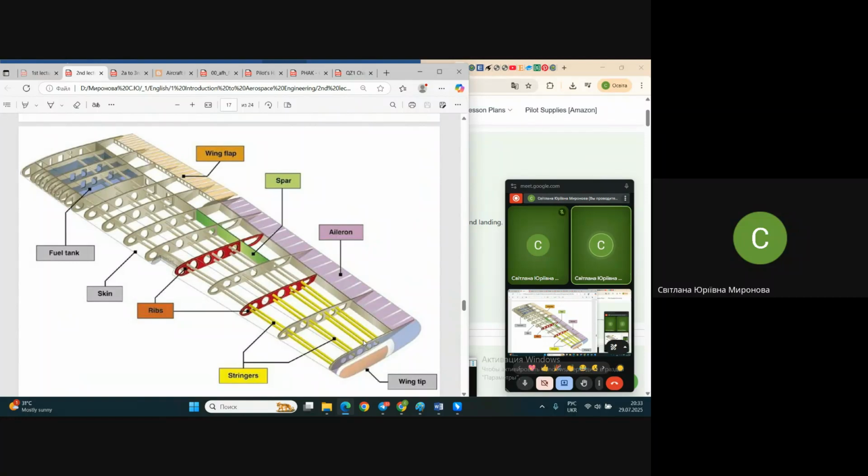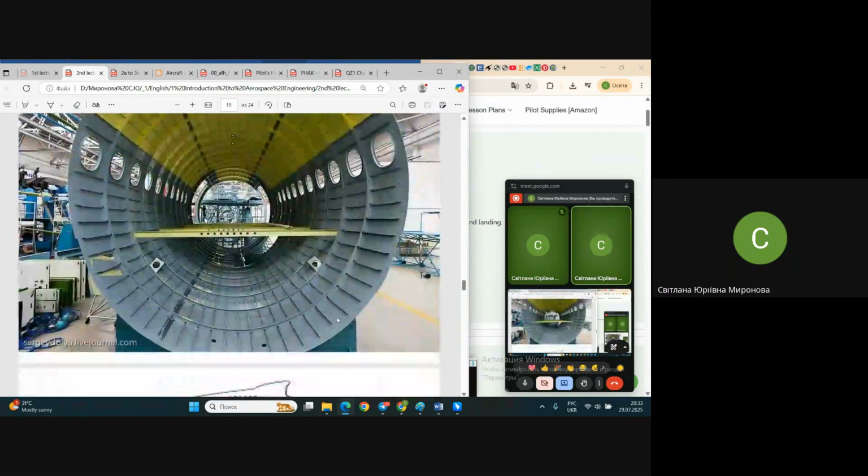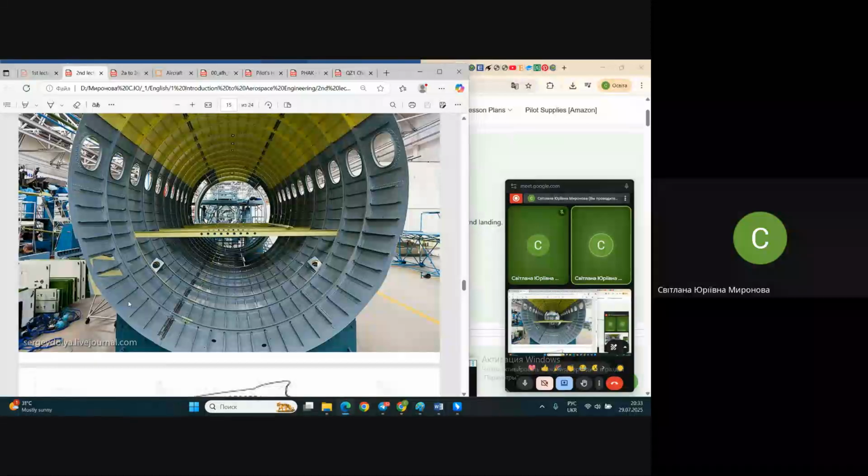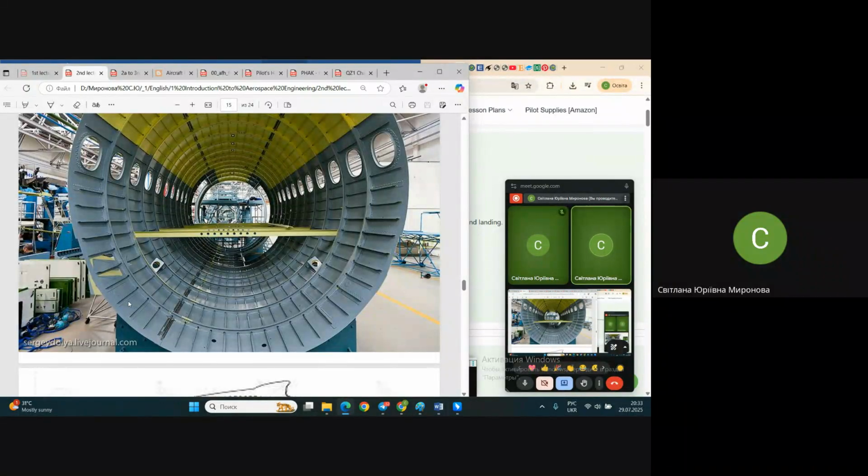And the other thin ones, which string from root to the tip, from the front fuselage to the aft fuselage, they are stringing, like a string in a guitar, for instance. And these elements are called stringers because they string through.